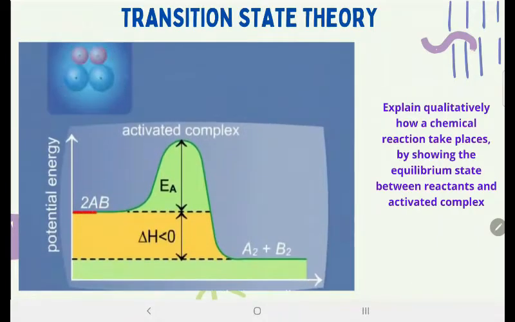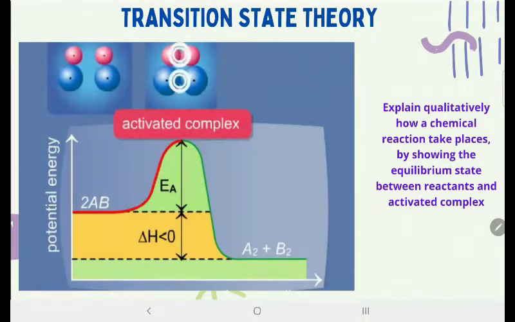As the 2 AB molecules approach each other, their potential energy increases until it reaches a maximum when the activated complex is formed. The potential energy increase up to this point represents the activation energy for this reaction.